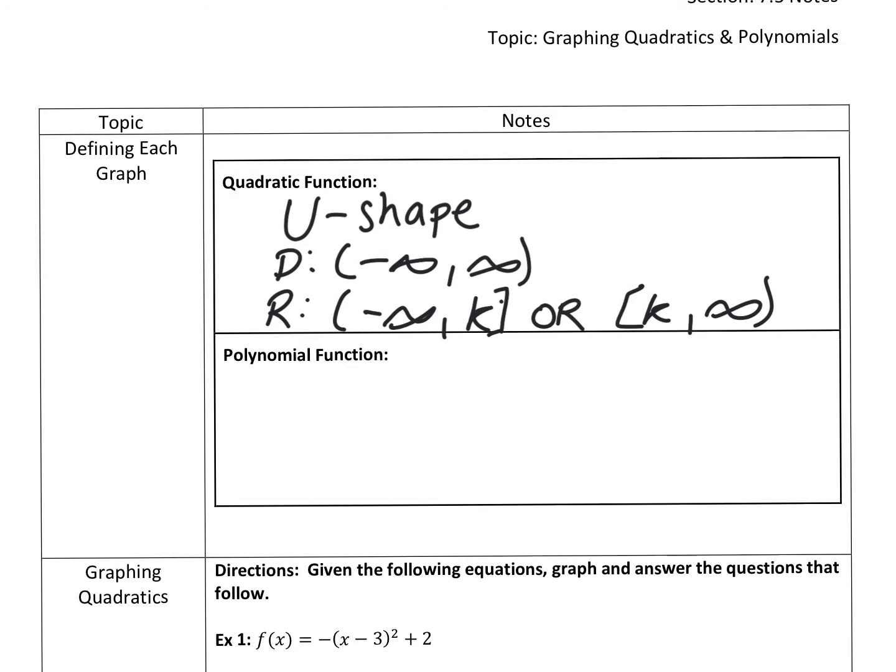What is a polynomial function, or what do they look like? It's a polynomial. What unit was that? We did what kind of problems? Factoring, right? So these kind of look like factoring problems.